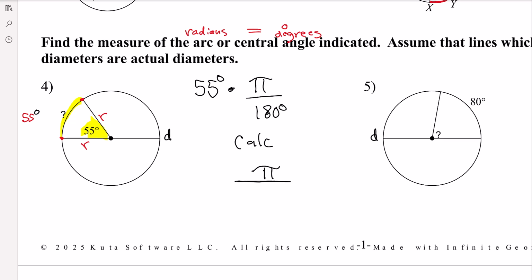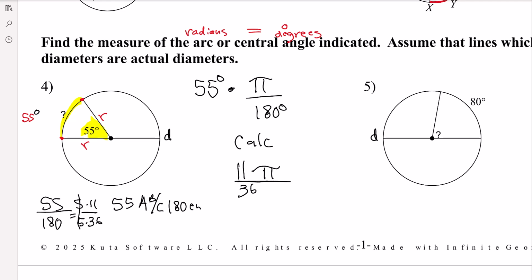So in your calculator, you're just going to do 55. You're going to hit the fraction button, and then you're going to type 180, and you're going to type enter. I'm going to have to do it manually. They both have a 5 in common. I think that's 36. So what you should see is 11 pi.